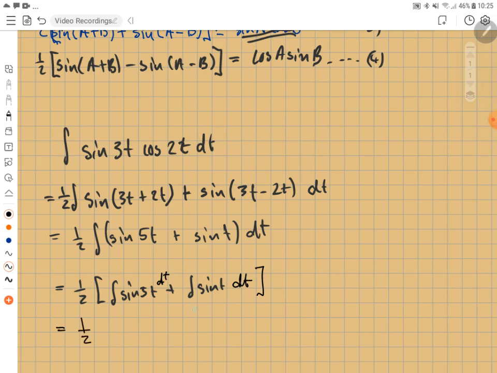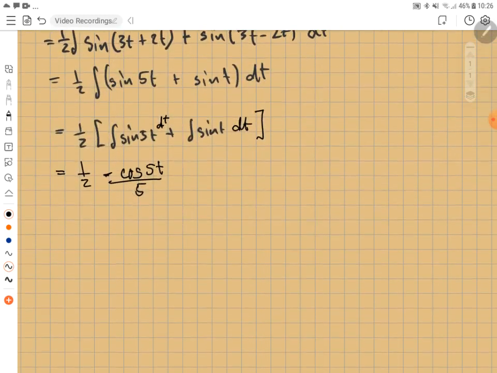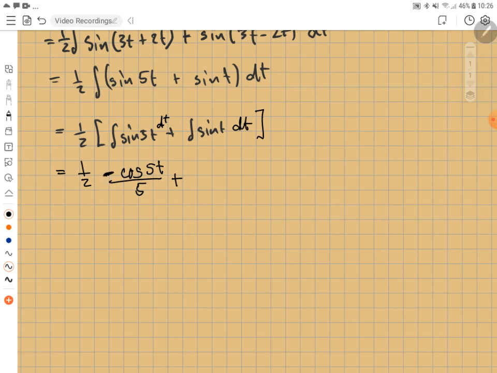The integral of sine 5t: what gives me sine is negative cos, because positive cos when I differentiate gives me negative sine. So what gives me positive sine is negative cos 5t, and I divide by that 5, which is the derivative of 5t. Then I say plus, okay, so there's a negative sign, never forget that. Half is multiplying that.